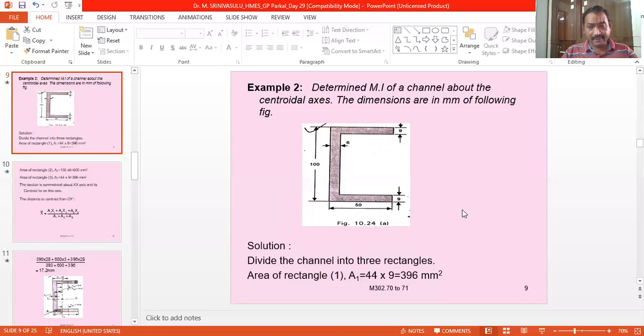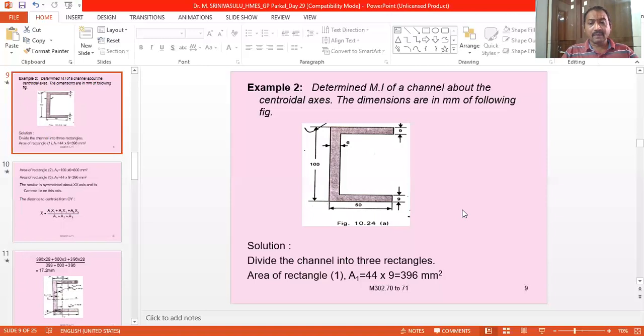So I think we have taken the figure. Now this is the channel section, also called the C section, with a height of 100 mm, width of 50 mm and thickness of 9 millimeters.